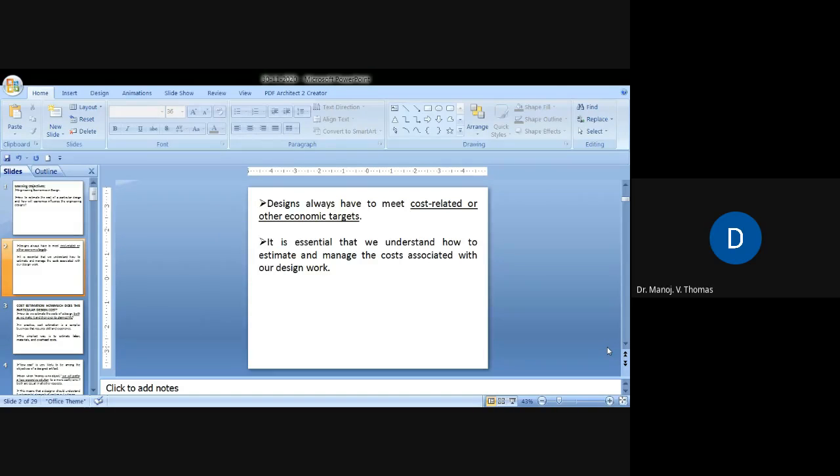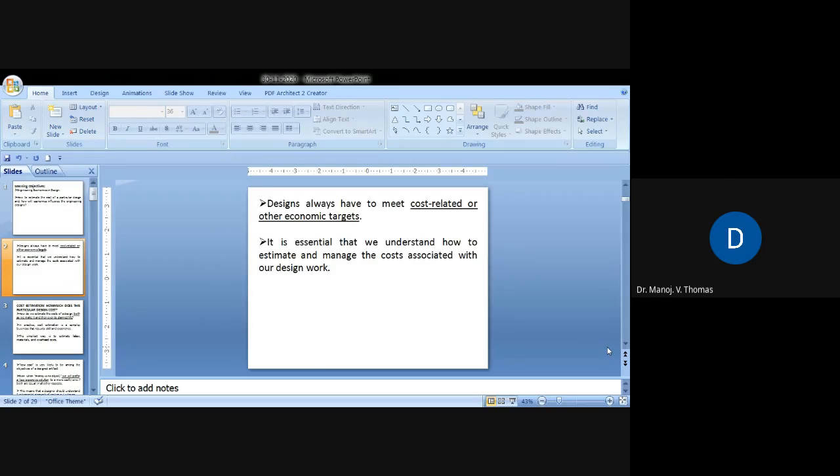So depending upon the prospective buyers or consumers for your product, you will set the price. Otherwise it will not work, because if you set a high price for a product and you are targeting less affluent people, then there is a chance that the product will fail in the market.